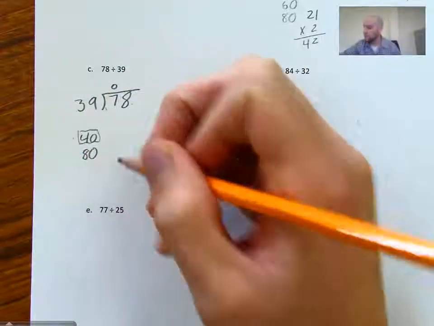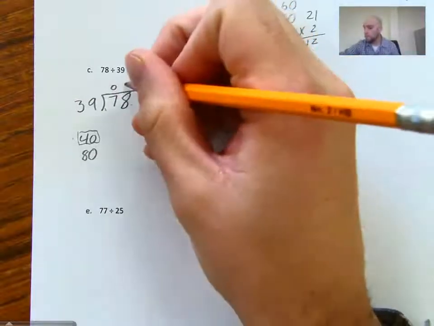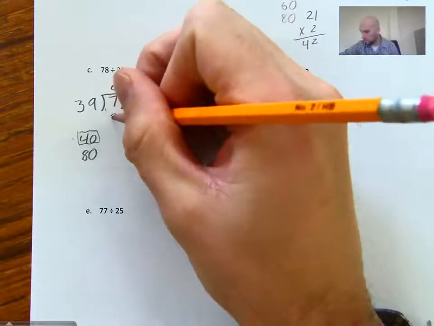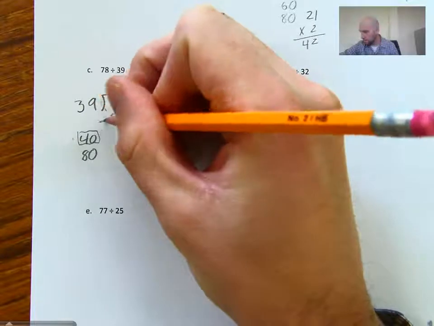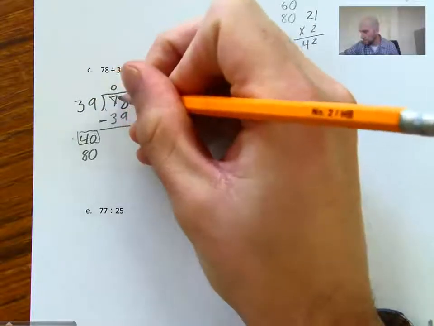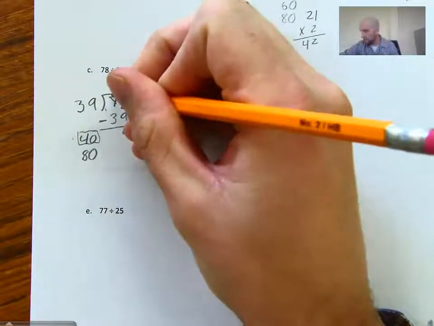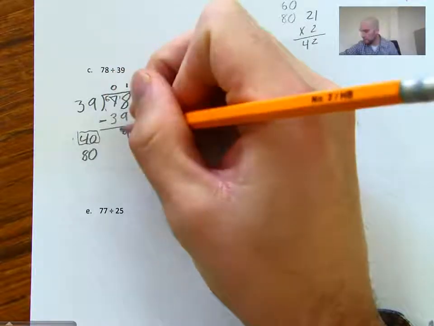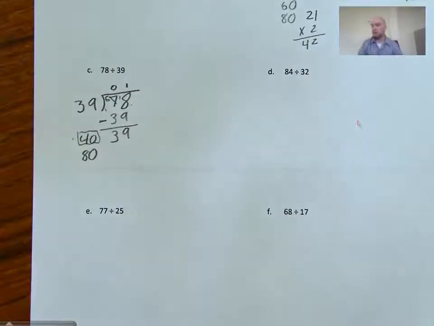So I do 39 times 1, I know is 39. Let's try 1 here. 39, subtract, borrow, 18, I get 9. This is into a 6, I get 3. Uh-oh. All right, I have 39. So 39 can go into 39 another time. So that's not going to work.